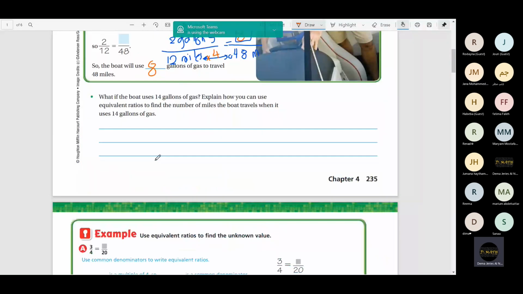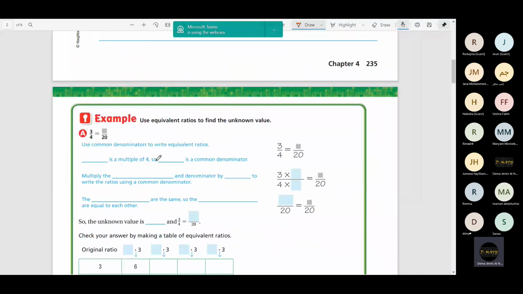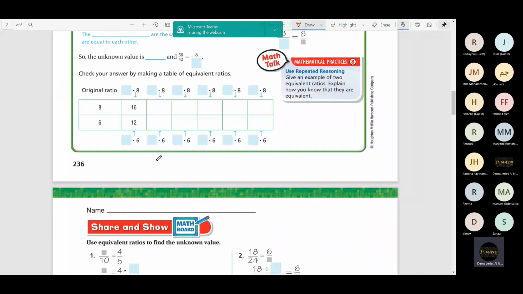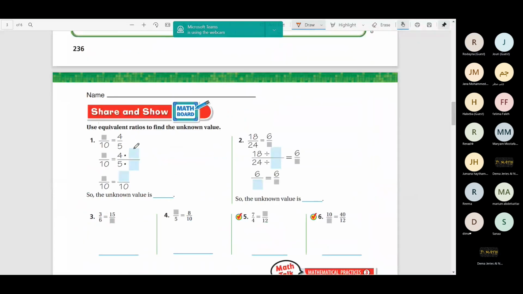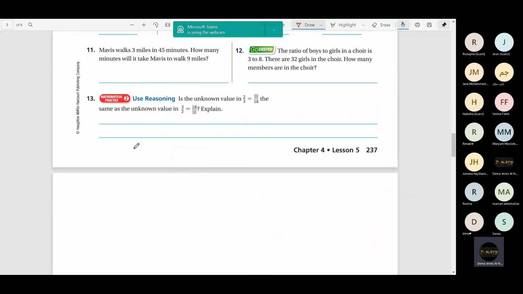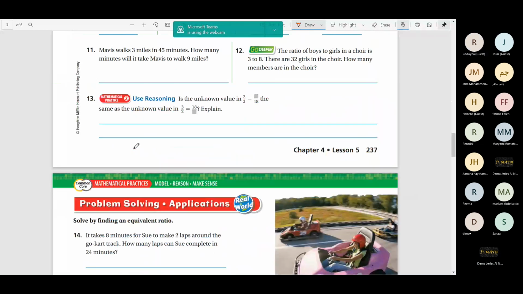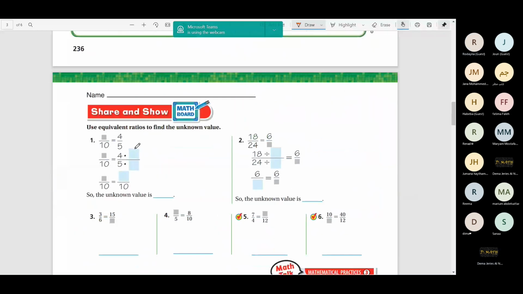Okay. Now let's go to share and show, page 237. I will solve the first one, then I will ask you to answer. Use equivalent ratios to find the unknown value. Look here: 4 over 5 equals something over 10. How do I make 5 to be 10? By 2.